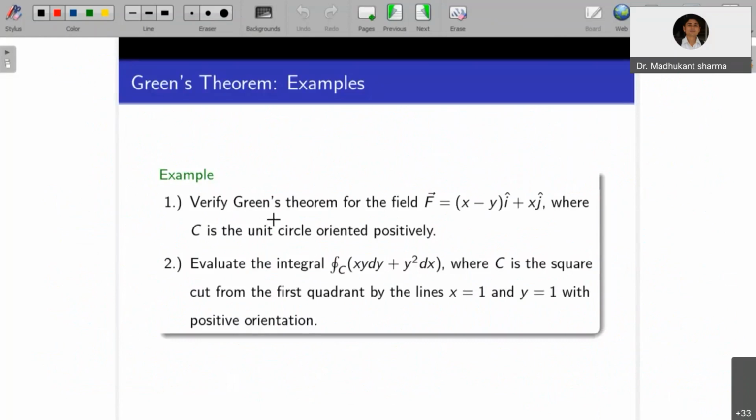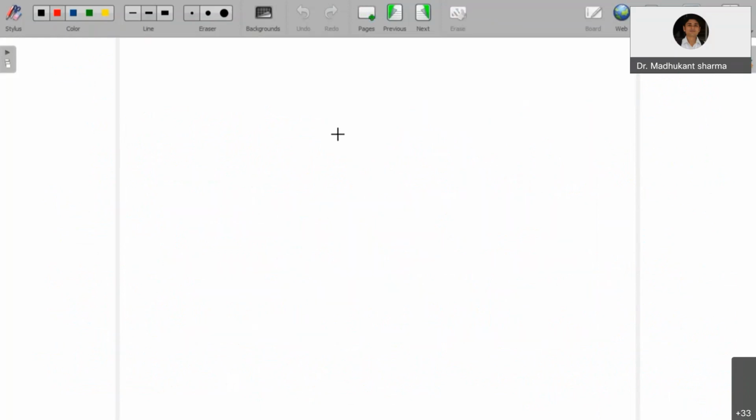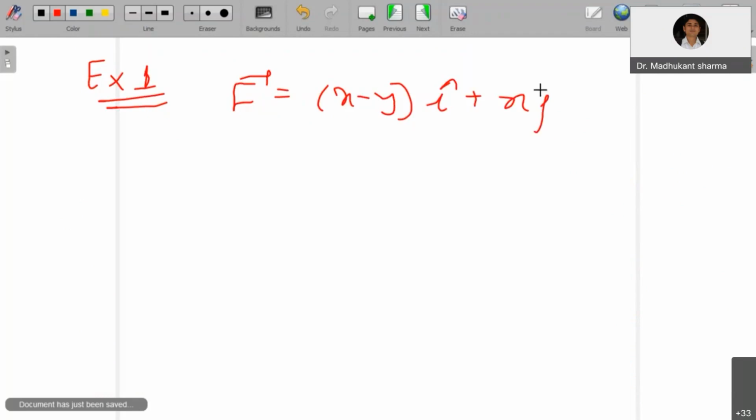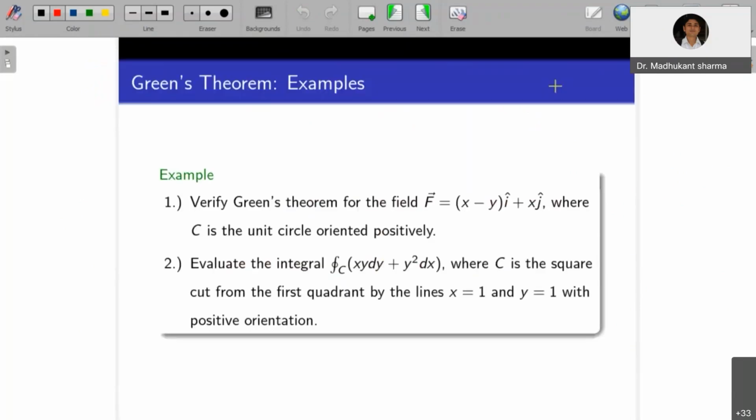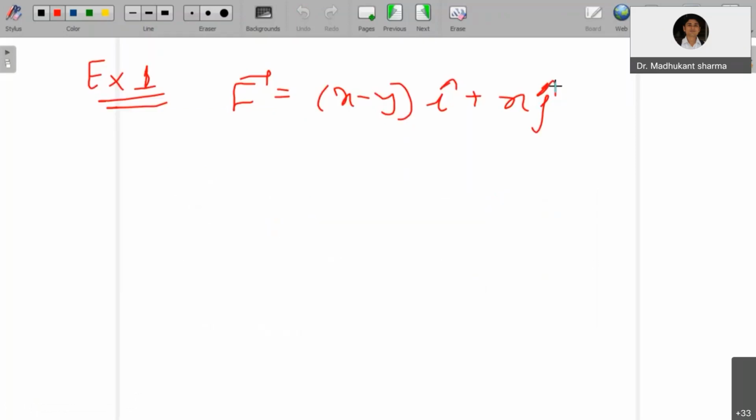So let's take this example 1. Verify Green's theorem for the vector field F equals x minus y i plus x j, where C is the unit circle oriented positively.